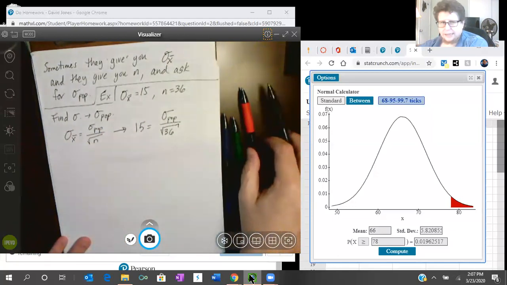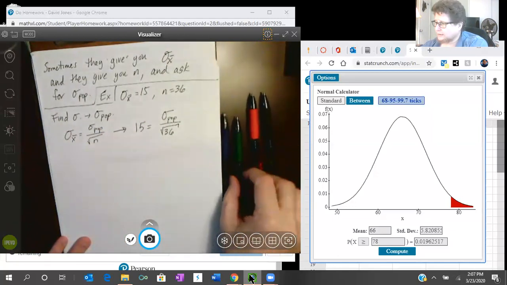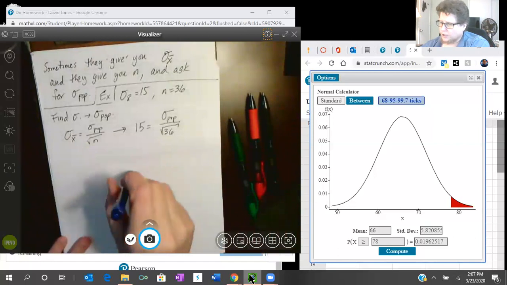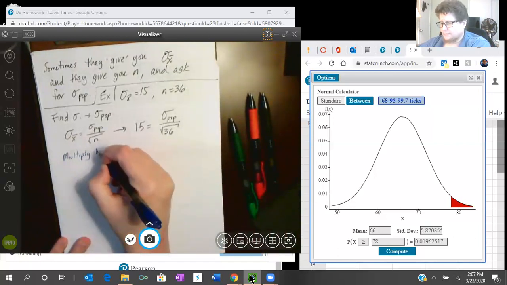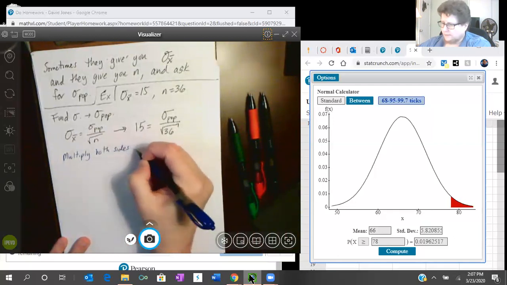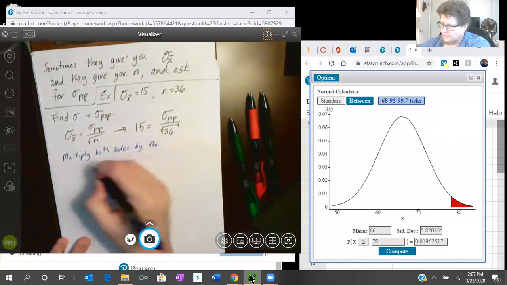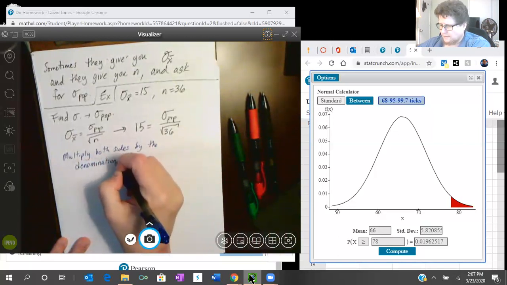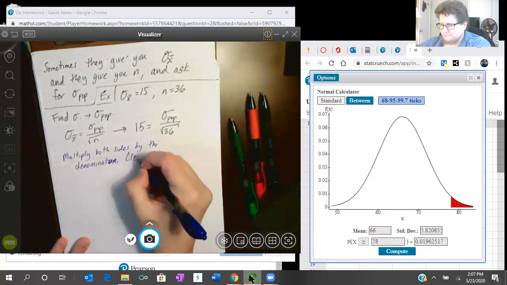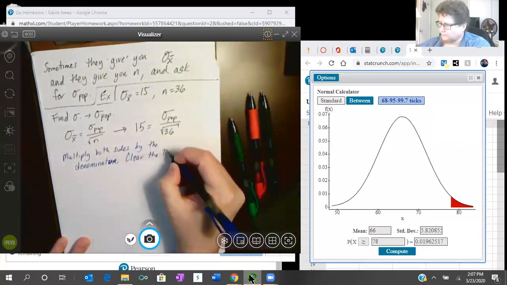If I want to get sigma by itself, multiply both sides by the denominator, or clear the fraction is what else we call it.